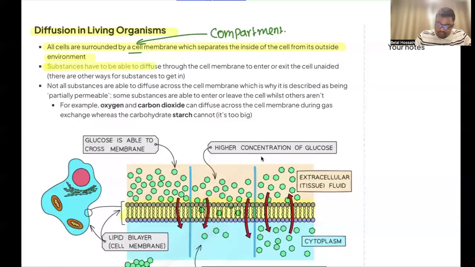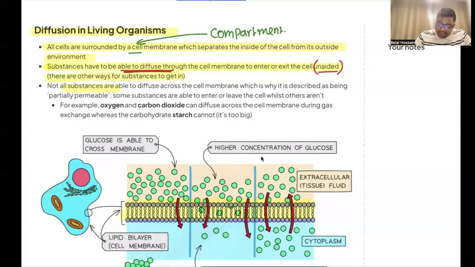Substances have to be able to diffuse through the cell membrane to enter or exit the cell unaided. There are other ways for substances to get in. But if any substances want to diffuse, they must be unaided while entering or exiting the cell.